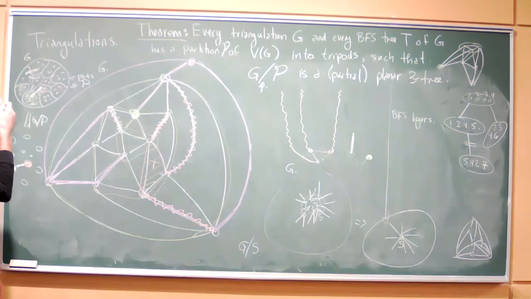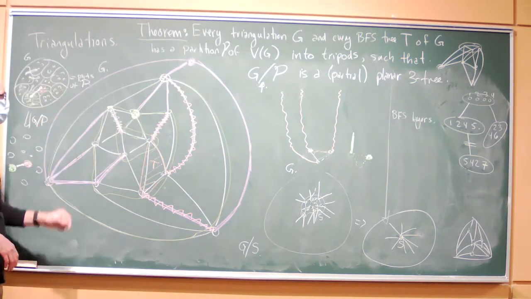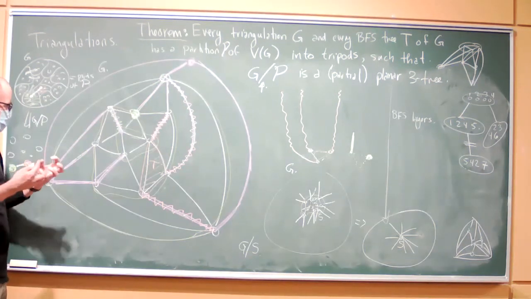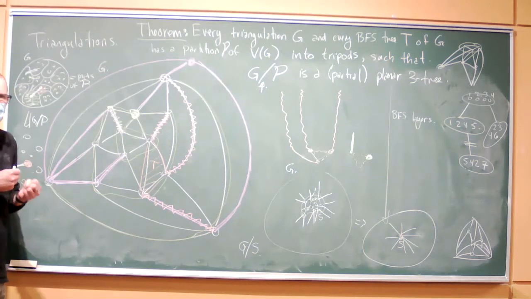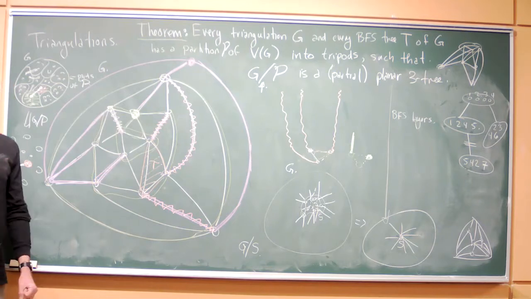And this theorem says that I'll be able to do that. So find this partition into these crazy things called tripods. So each set in here is a tripod. And then when I contract each of those tripods, so pull in all its legs into the center triangle, then what I get is a planar 3-tree.